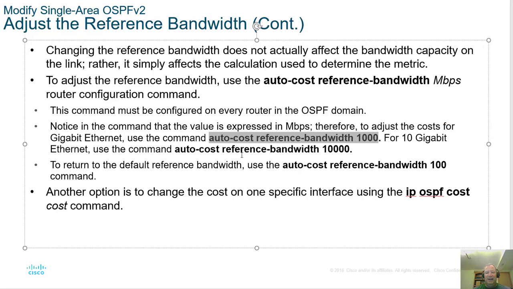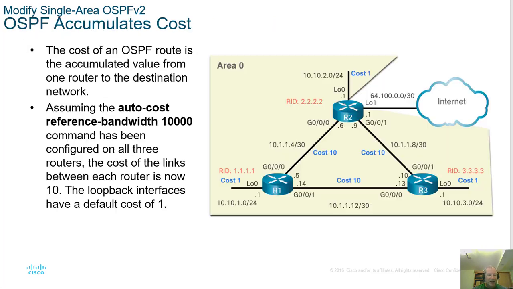If you have 10 gig speeds, you would use auto-cost reference-bandwidth 10000, and then at that point, 1,000 megabit speed is a metric value of 1, and 100 megabits per second is 10. And 10 megabits per second is 100, and you get the idea. The cost goes down from there. So that's the long and the short of that.